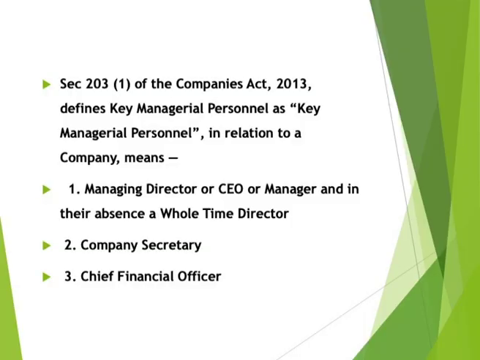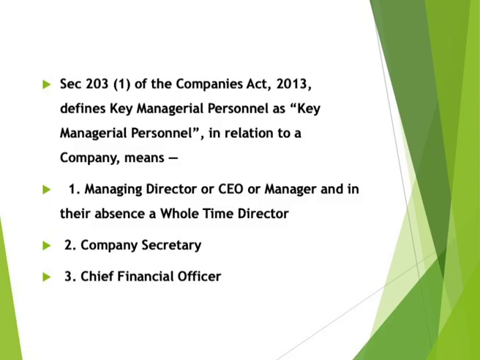Section 203, subsection 1 of the Companies Act 2013 defines KMP. In relation to a company, KMP means the managing director, or CEO, or manager, and in their absence a whole-time director.